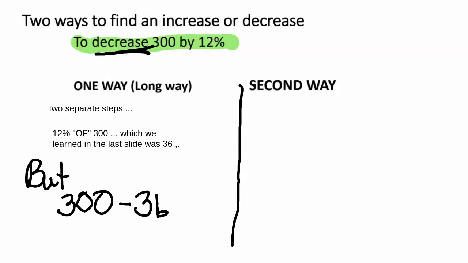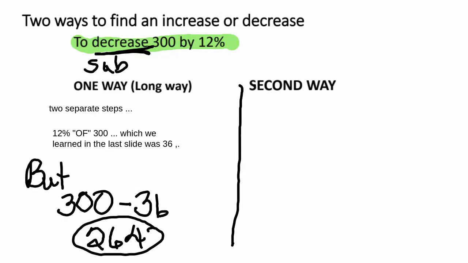Decrease is going down. Down is subtract. And I will get 264. Decrease is subtract. Okay. This is the one step, but this time the second step, because the word says decrease, I've got to subtract.